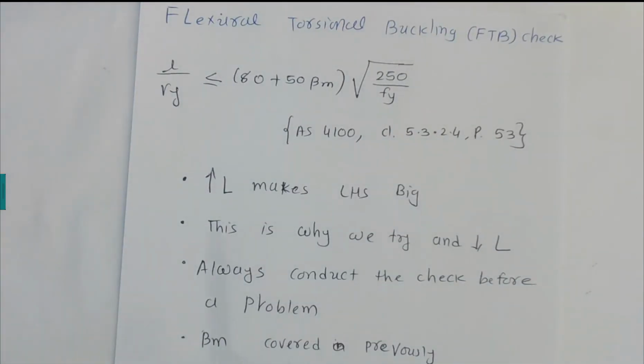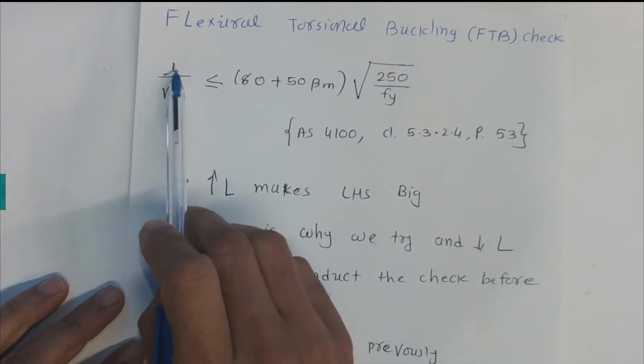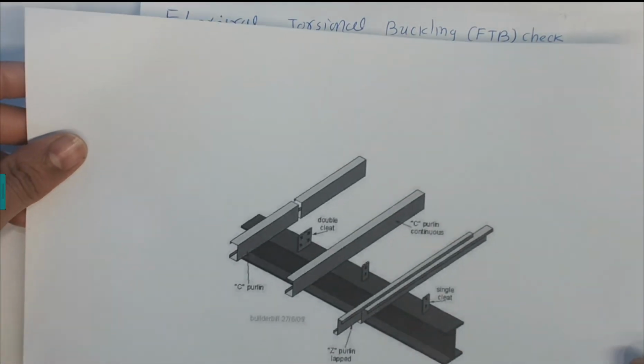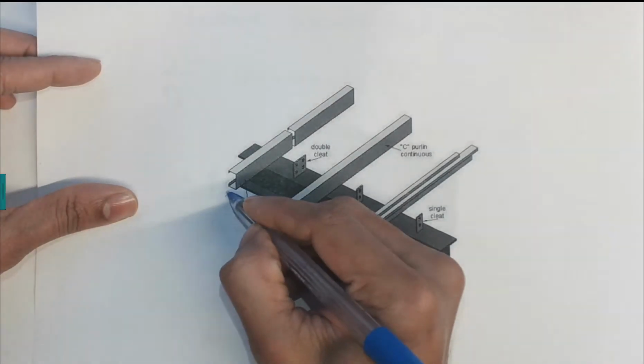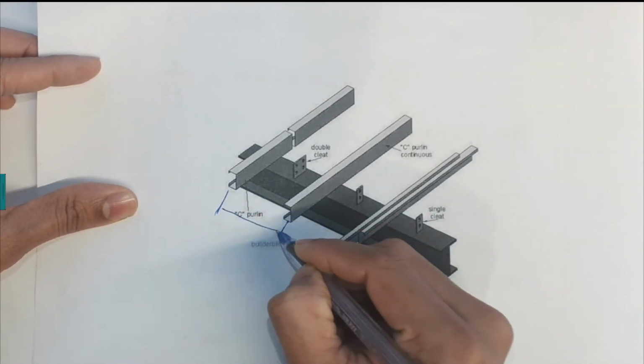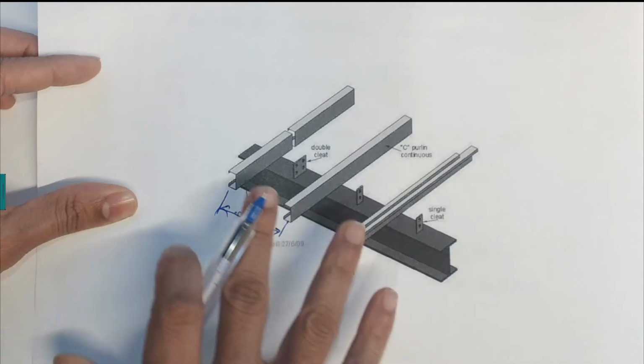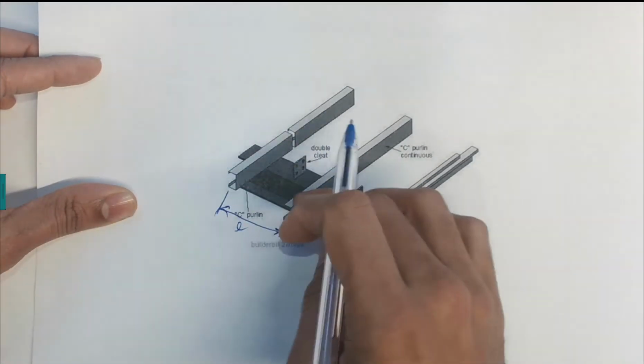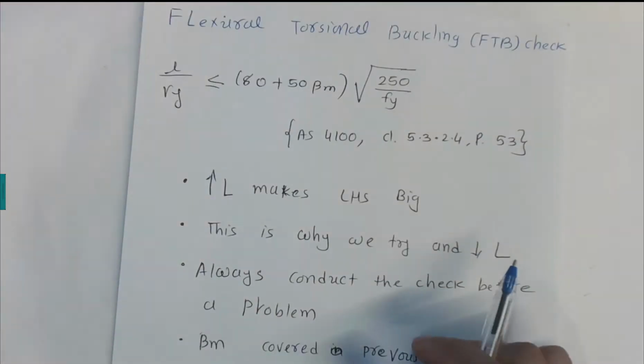Now I would like to explain this one. Length, what is this length? The length is the one from one purlin to the next purlin. That is the length that stops this buckling.